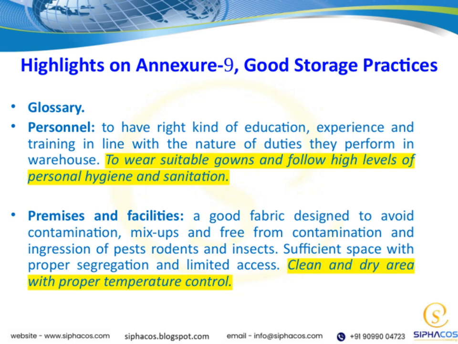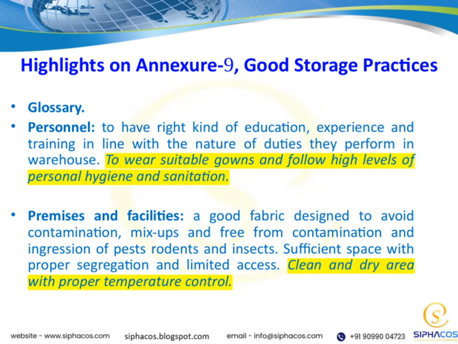Next, we have premises and facilities. This means a well-designed fabric or structure that minimizes the risk of contamination and mix-ups. It should be free from pests, rodents, and insects that could compromise the quality of the products. Adequate space is crucial, with proper segregation to avoid cross-contamination, and access should be controlled to limit unnecessary entry.